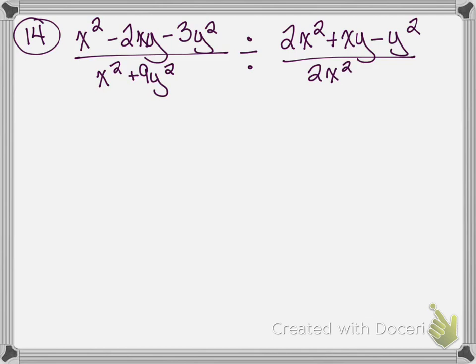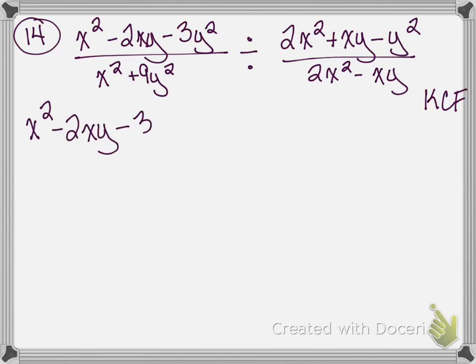The factoring might have caused some confusion on this one, but before we factor, I want us to do our keep, change, flip first because we are dealing with division. So keep, change, flip occurs first because we're dealing with division. So I have x squared minus 2xy minus 3y squared over x squared plus 9y squared.